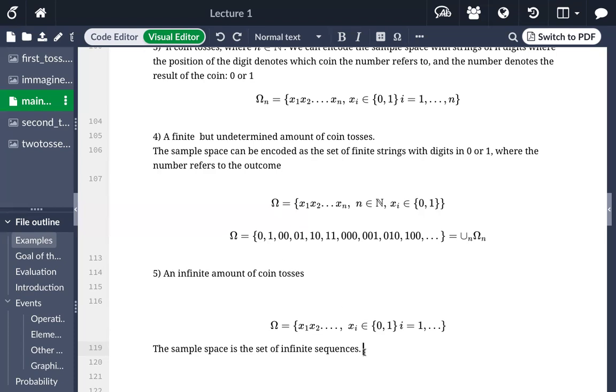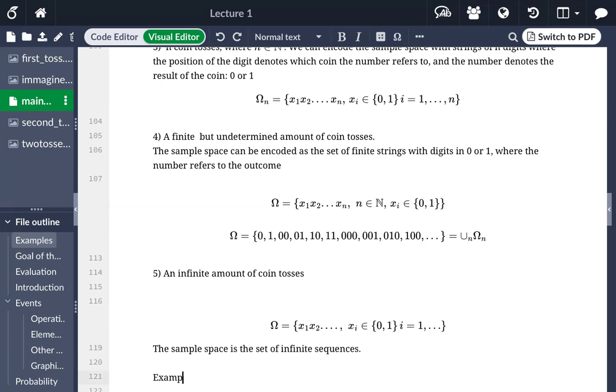It is impossible because there are many more elements, and we will not consider this kind of sample space.